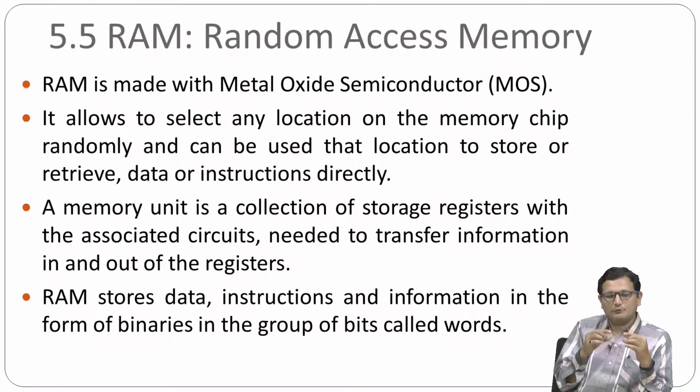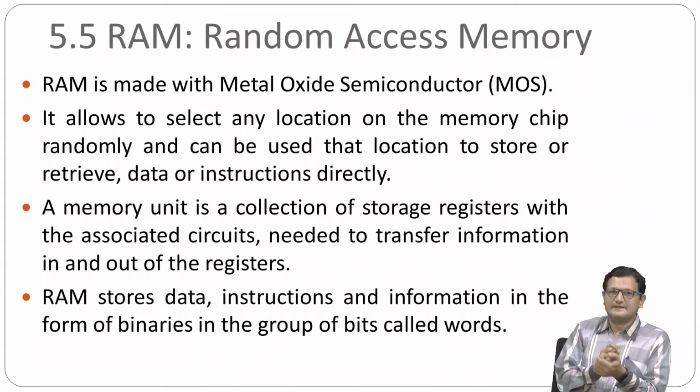So, to access a particular address, we have a storage register, and through the register the CPU can read a particular segment of the RAM or write a particular segment of the random access memory.